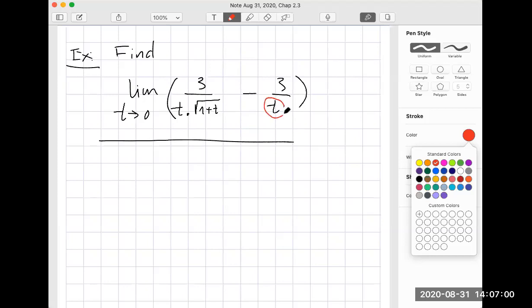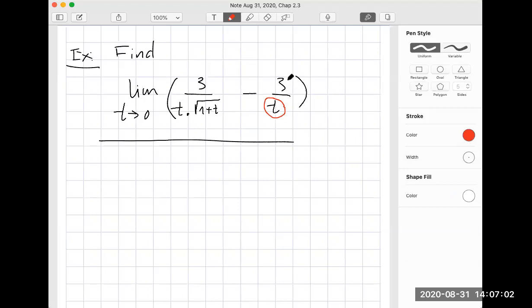If we put t equal to 0, 3 over 0, is it defined? No. And furthermore, this guy is not either. 3 divided by 0 times something is not defined. So we cannot use the difference law right here. So this guy is very annoying. How can we eliminate it?